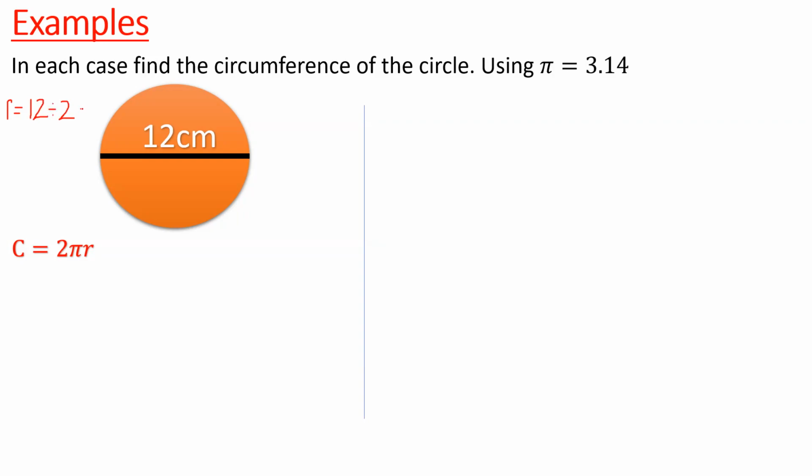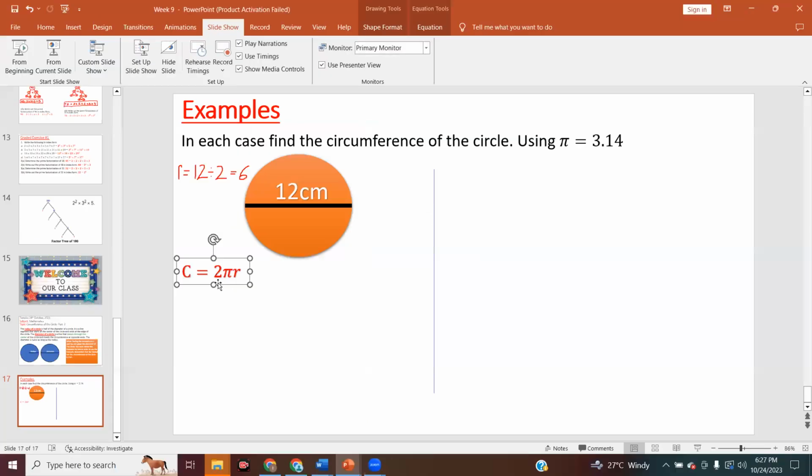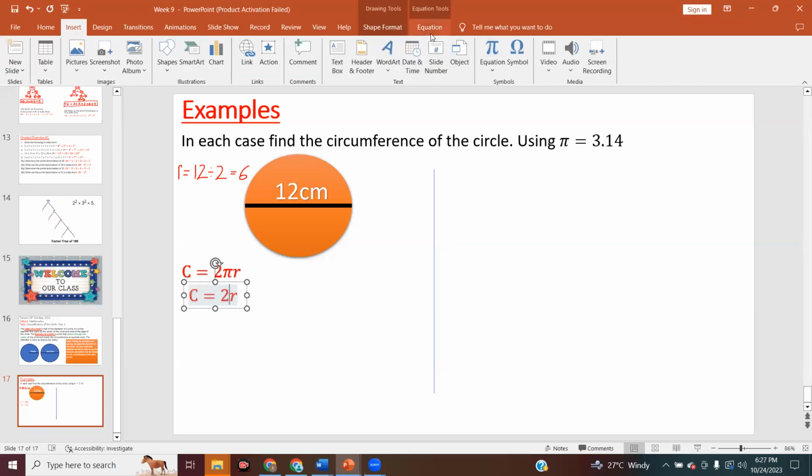2, which is what? 6. Just 6. Very good. So the radius, r, is 6 centimeters. And so what that means is that we're going to multiply 2 times pi. What do we say pi is? Pi is 3.14.